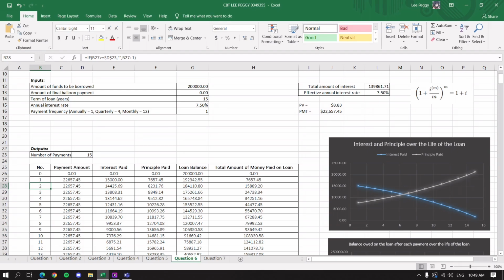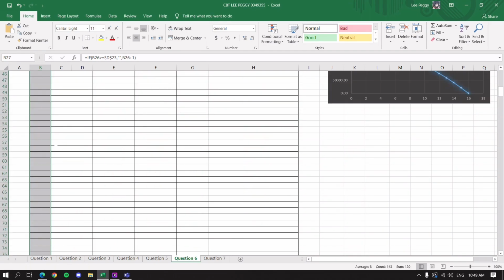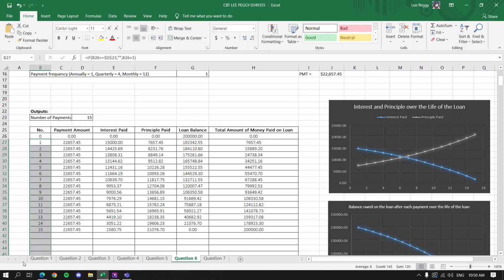After we have this, we drag it all the way to the end, so we can get this automated column. As you can see, the number of payments is 15, so if this is equal or greater to 15, this cell should be blank, like this. So this column is already automated.